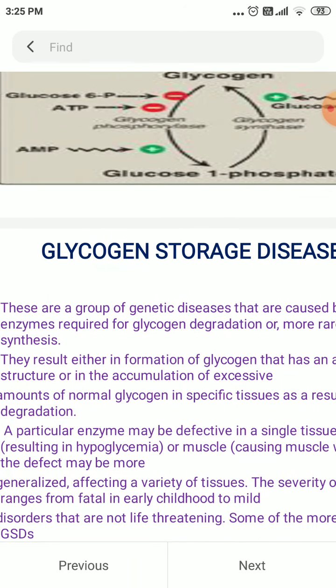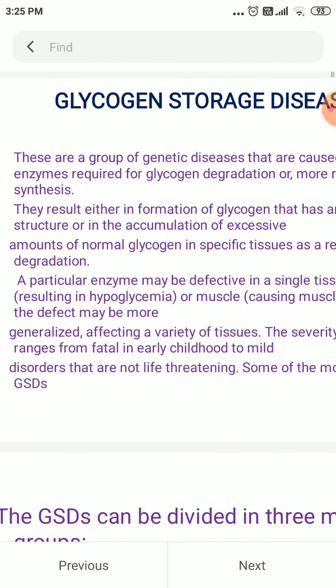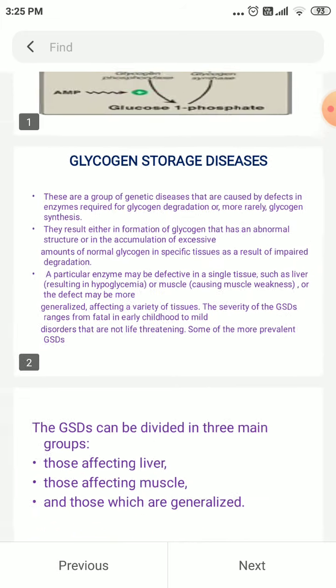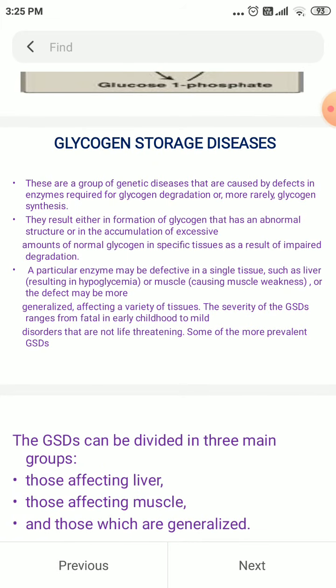Now let us move on to glycogen storage diseases. What do we mean by glycogen storage diseases or glycogen storage disorders? These are a group of genetic diseases mainly caused by defects in the enzymes required, that is, the gene responsible for the synthesis of the respective enzyme, in glycogen degradation as well as in glycogen synthesis.